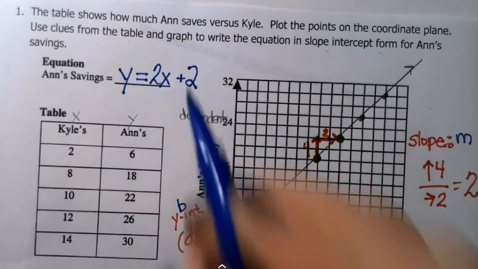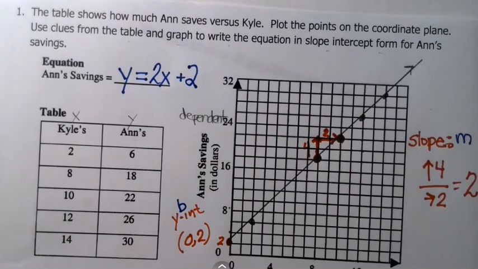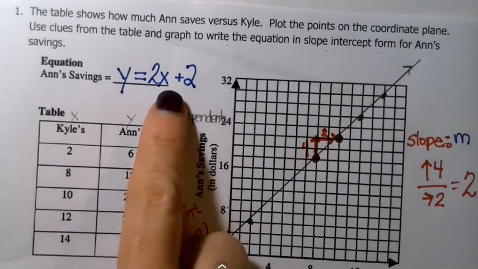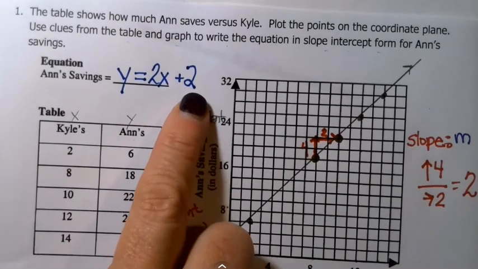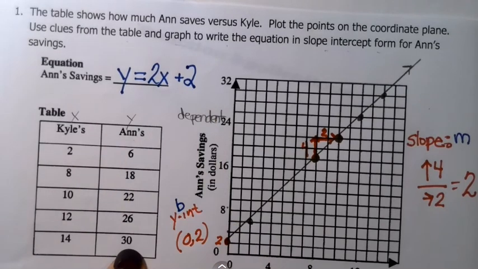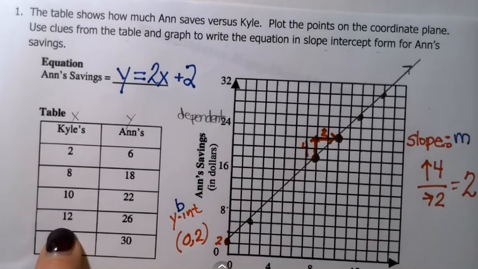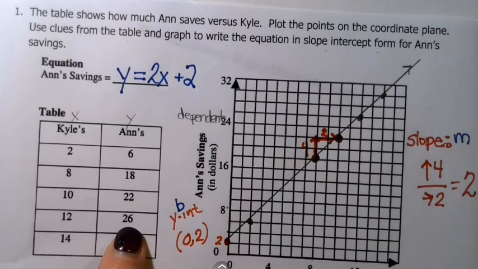And that's the equation of our line. So where x is Kyle's savings, if we double Kyle's savings and add 2, we should get to Anne's. So just double check it. If we doubled 12, we would have 24, plus 2 more gives us 26, and it works.